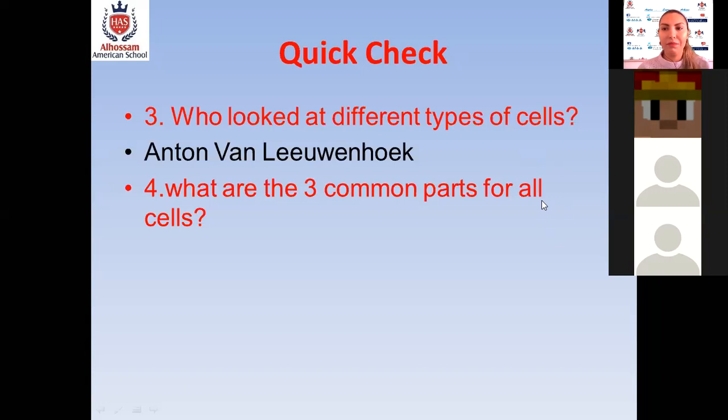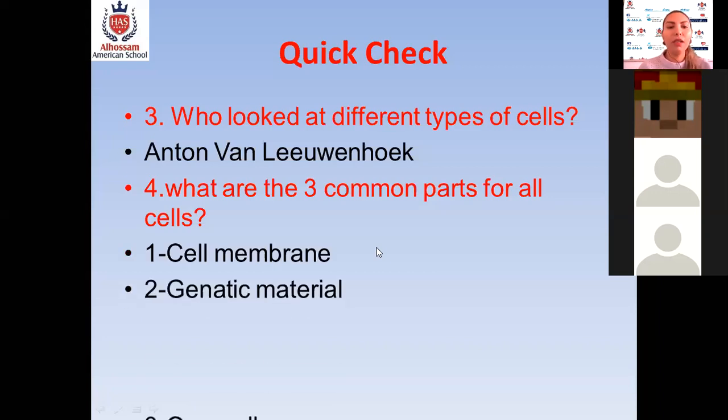Cell membrane, nucleus, and cytoplasm, of course, but organelles. Thank you, Basil. Number 1, cell membrane, genetic material, and organelles, of course, cytoplasm is part of the organelles.